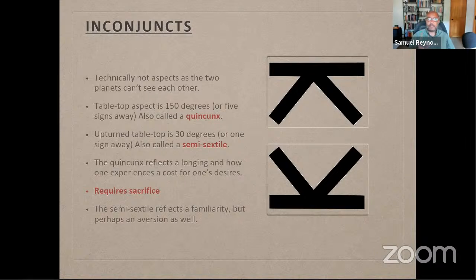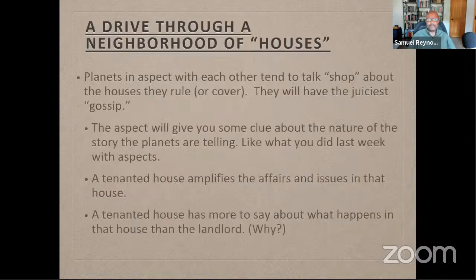A simple illustration could be something as small as a pebble in your sandal, right? You desire to walk and feel comfortable in your sandals, but you've got this damn pebble and you either have to stop to get it out and shake it out in order to have that sense of ease. So sometimes the inconjunct is where we have this serious period of unrest.